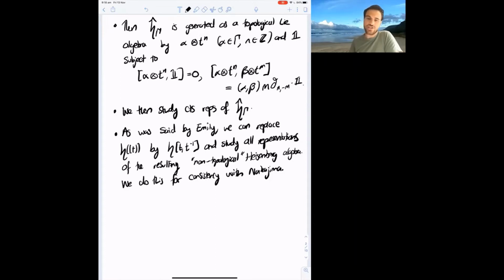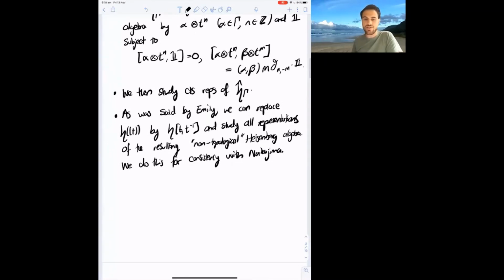And actually, I realized that it's kind of hard not to talk about this today because the relations that we're going to end up checking or the representation that we're going to be interested in really relies on the superstructure. Yeah, the relations become a bit different and there are signs involved, which only makes sense if you incorporate the super story.